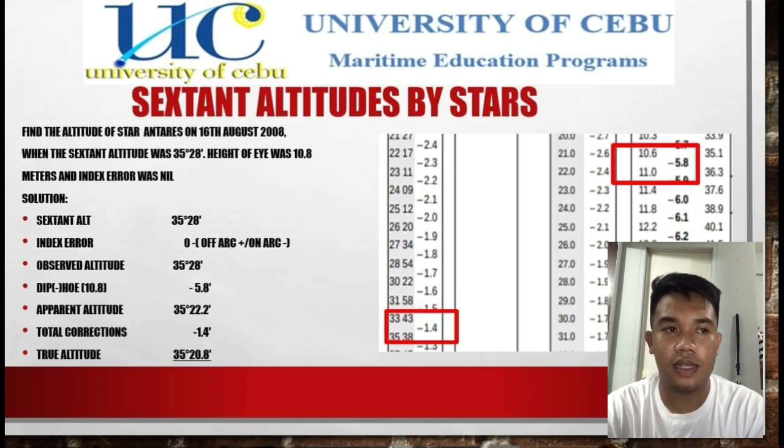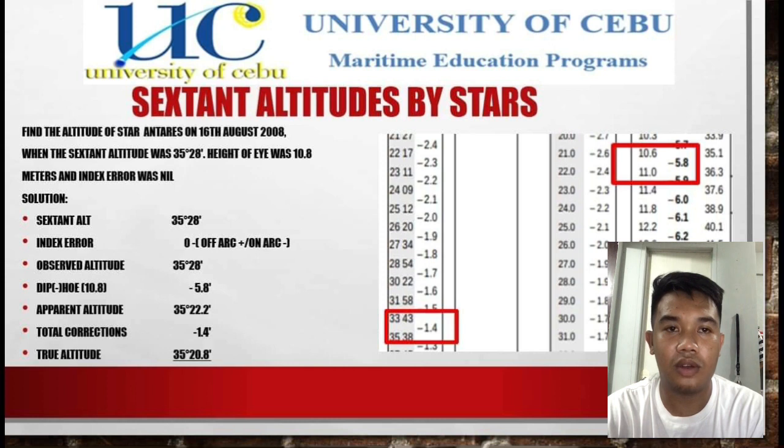Solution: sextant altitude is 35 degrees 28 minutes. Index error: if it is off the arc, we do addition, and if it is on the arc, we do subtraction. So the observed altitude is 35 degrees 28 minutes.